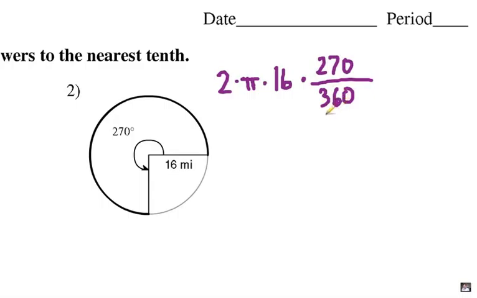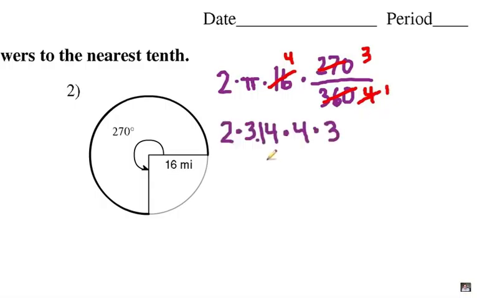All right, let's simplify this. These degrees here can be factored out. We can take out a factor of 90, so that leaves a 3 on the top, a 4 on the bottom. And I know that the 4 and the 16 can be factored here, so that'll leave a 4 and a 1. All right, what's left? This gives me my final answer of about 81.6 miles.